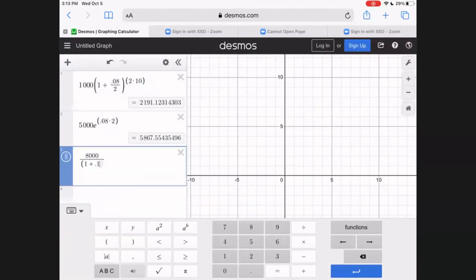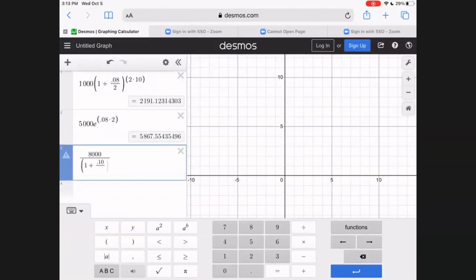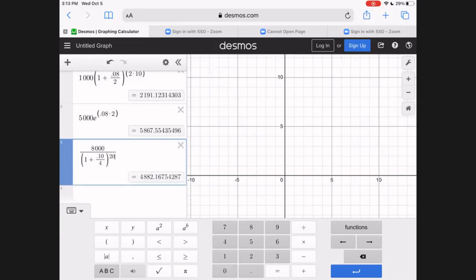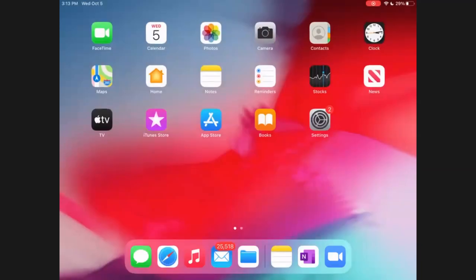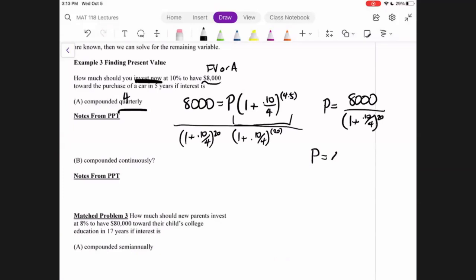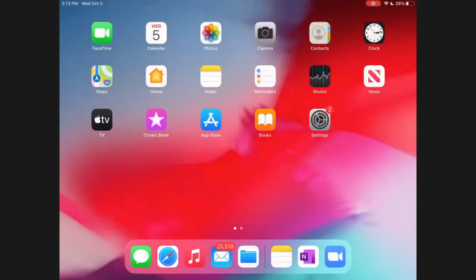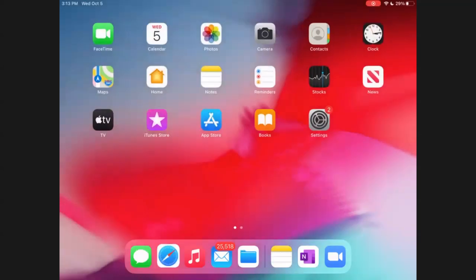So 0.10 divided by 4, and then I'm going to go to the right, close parentheses, and then do the AB power here to put the power there, and we said, remember, that was 20, or 4 times 5. So I need to say $4,882.17. Okay. So your P would be this. Let me make sure, 4,088. Yep. Okay. So this is how you could do that.